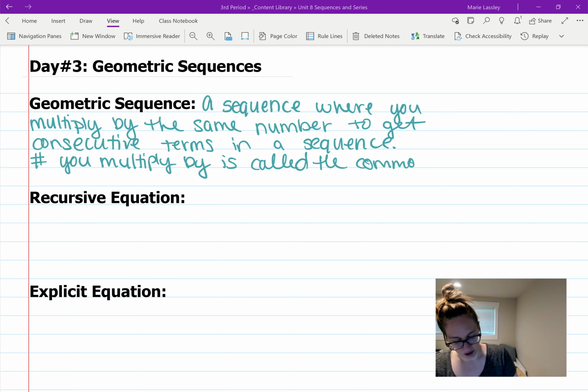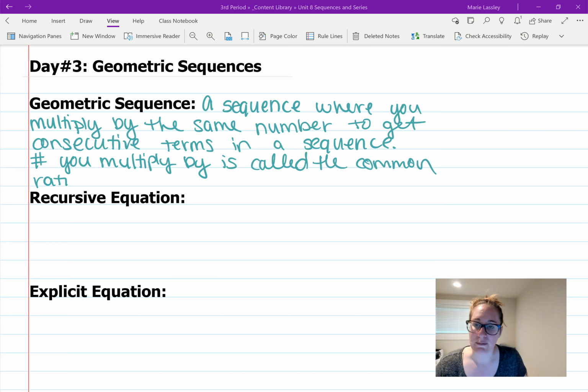In our equations, you're going to see a lowercase r as the symbol for the common ratio. When we were doing arithmetic, it was a common difference, and we use a lowercase d. In geometric sequences, it's a common ratio, and we use r as our symbol.